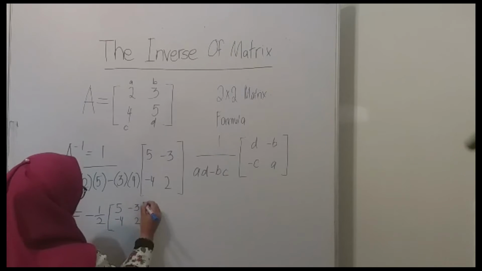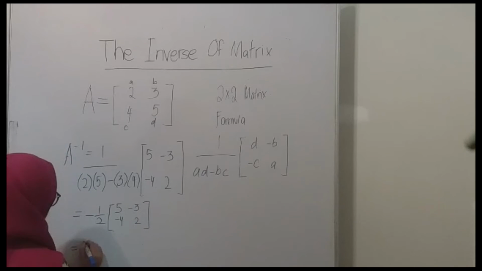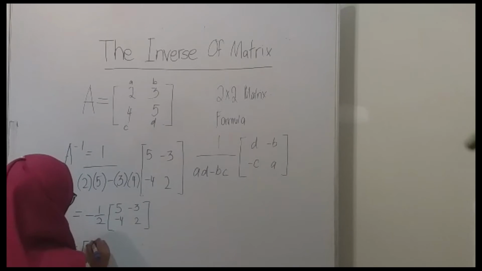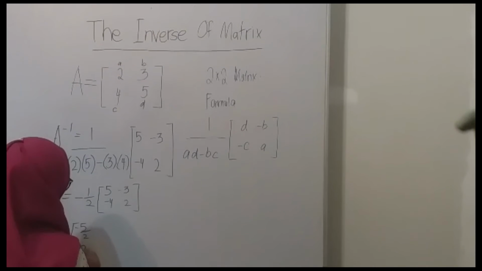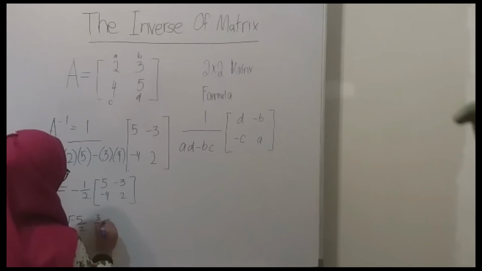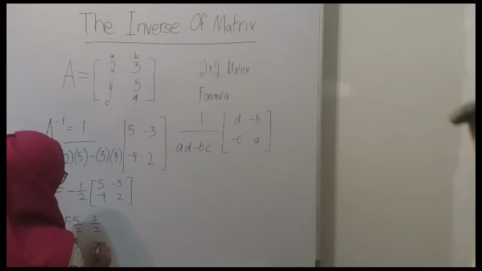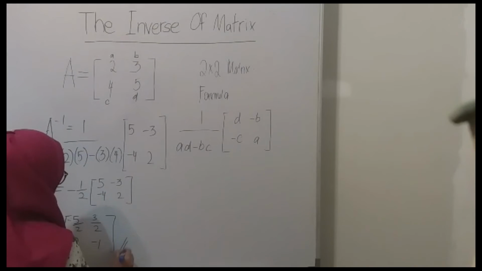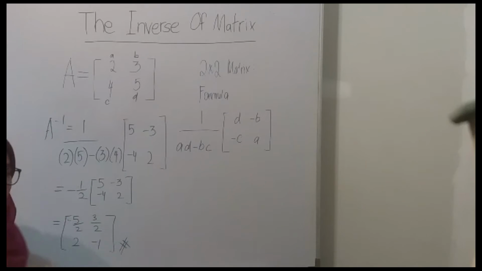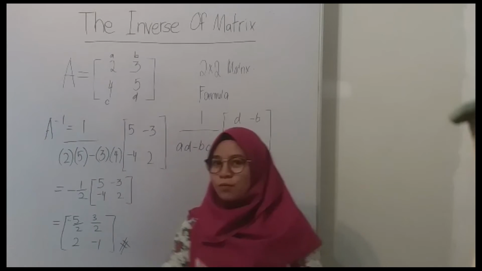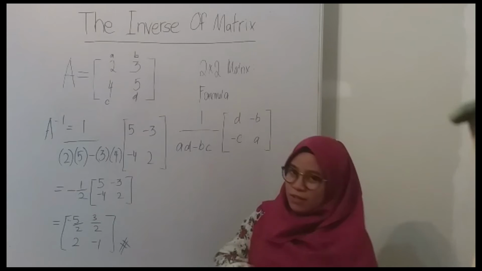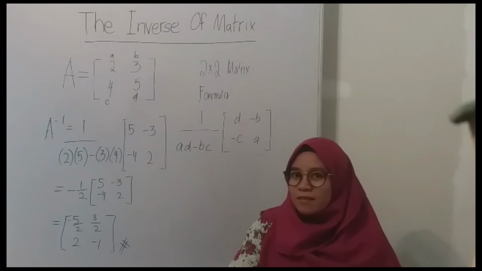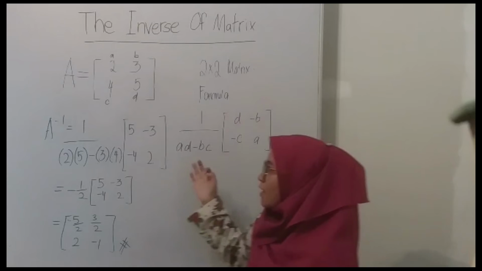Okay. So the final answer would be negative 5 over 2, 3 over 2, 2, and negative 1. Okay, so Ain will show you further details on how to solve matrices that have sizes other than 2 by 2.